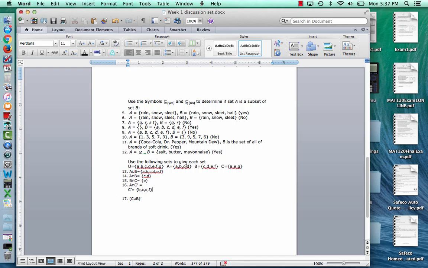So now I want to take A and intersect it with that, which means what elements are both in A and in C complement? Well, that's going to be B, C, and D.